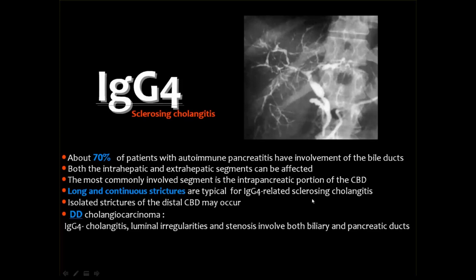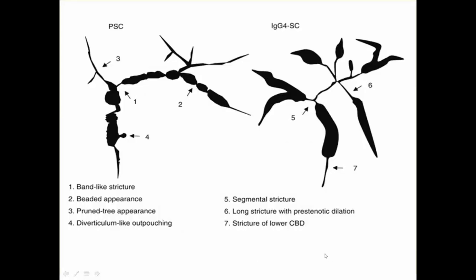And also, one of the common features is an isolated long stricture at the distal part of the common bile duct. And the differential diagnosis, of course, may include cholangiocarcinoma, but the pathology, the other findings in the histopathology, will help you to differentiate.